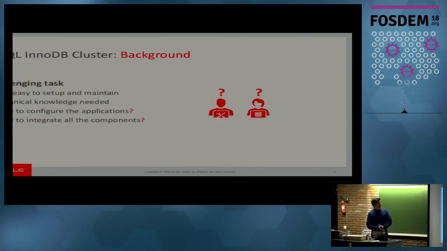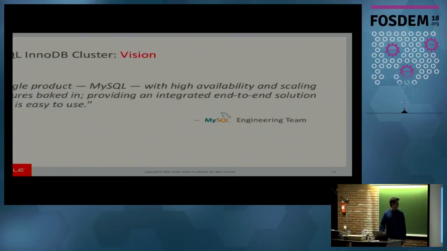However, this looks really promising, and it is, but it's not that easy to set up and maintain. You need some technical knowledge about it, and then people wonder how to configure the applications and how to integrate all the components, so you have your full stack HA solution. And this is exactly the vision that we have for InnoDB cluster.